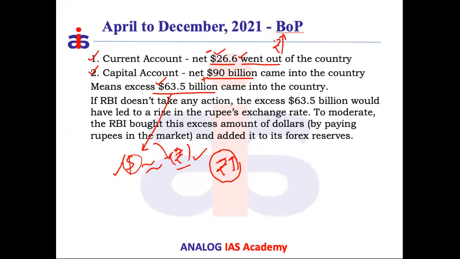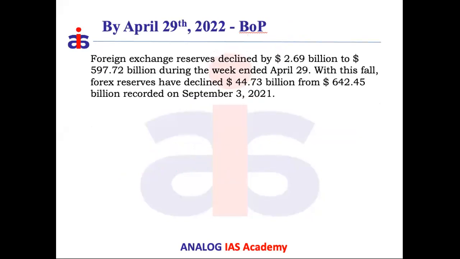But on the other side, what happened after December, by April 29th, 2022, last month end, is that the total forex reserves, the foreign currency reserves in the foreign currency account, came down to 597 billion dollars. But we reached a peak on September 3rd, 2021, of 642.